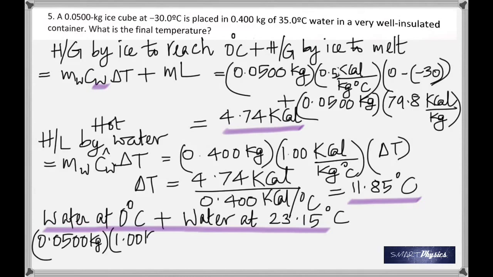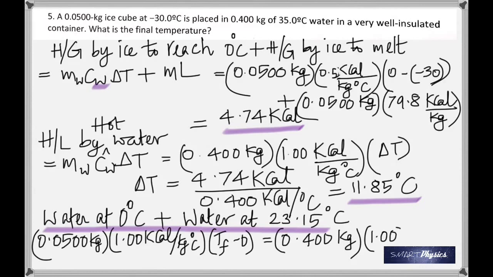So on the left hand side, I have the mass of cold water, 0.05, times the change in temperature. I'm going to take TF as the final temperature. So TF minus 0, since it started from 0. On the right hand side, I have the heat lost by hot water.